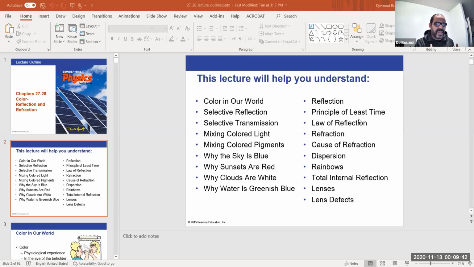So we can even understand how we can get a sharp image using a camera. So this is the least principle, and it's a very powerful principle. It's just based on this simple statement: you have point A, you have point B, and light takes the least amount of time going from point A to point B. End of the story. Isn't this a simple principle? What do you guys think?